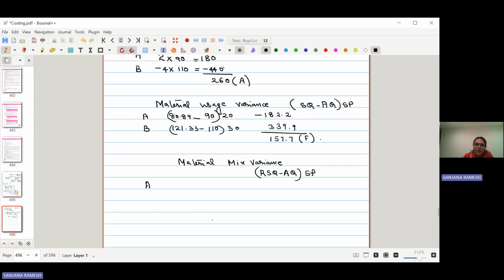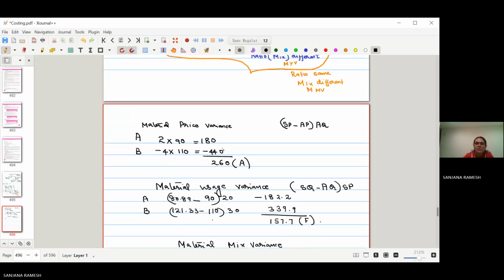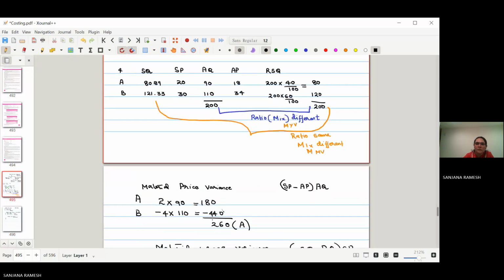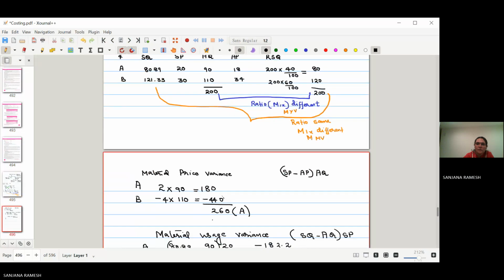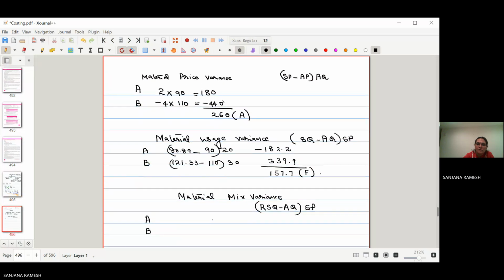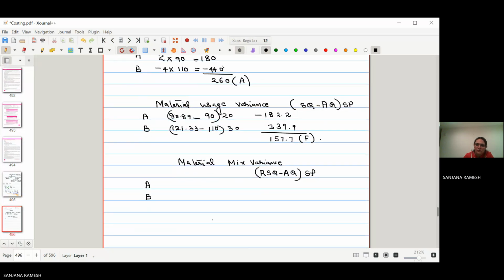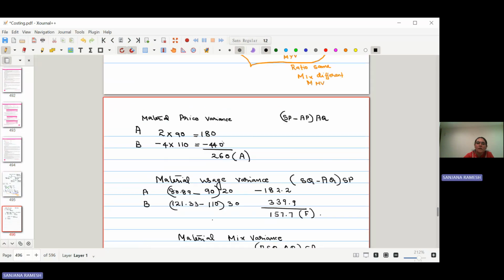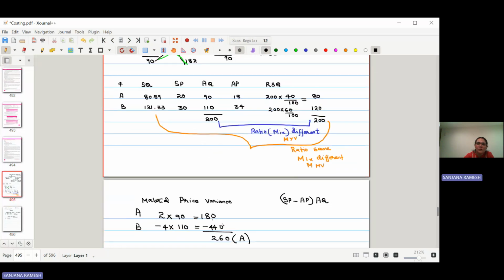So for material A, 80 minus 90, and the price is 20 and 30.